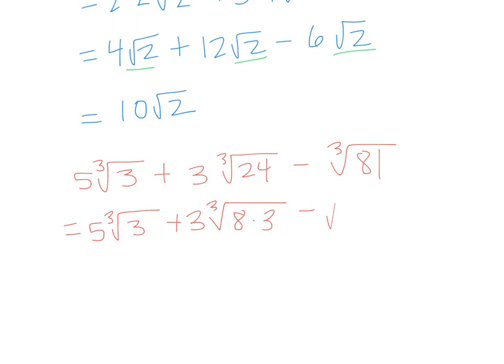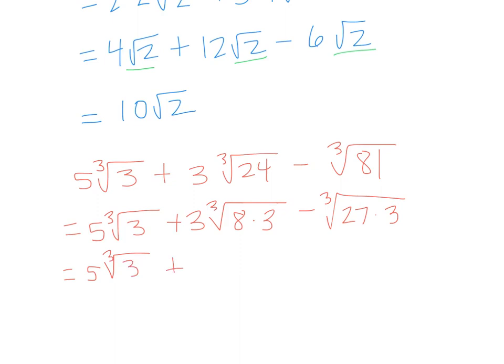we can factor that 81 as 27 times 3, where 27 is a perfect cube. Okay, so let's go through and simplify now. So that 5 cube root 3, there's nothing we can do there.